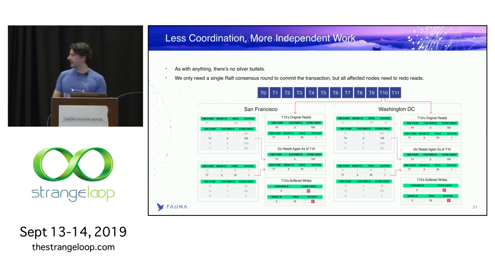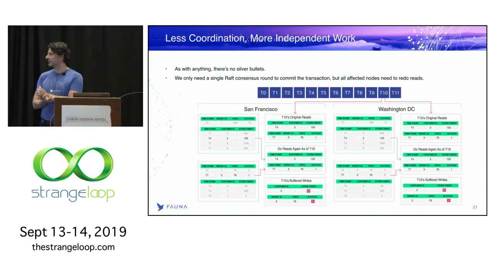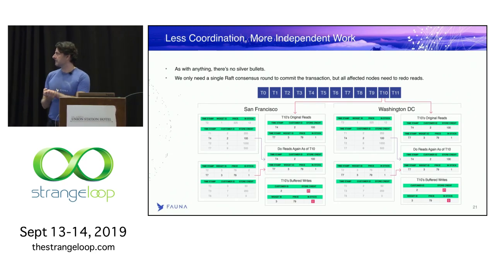This protocol actually, as I said, we have interestingly modified versions of all the protocols that we use. This is not vanilla Calvin. Vanilla Calvin, as described in the paper, does not run the transactions on a coordinator. So what we do, we run the transaction on one node, we compute the write effects, we gather the reads, and send those to other nodes, which will then redo the reads.